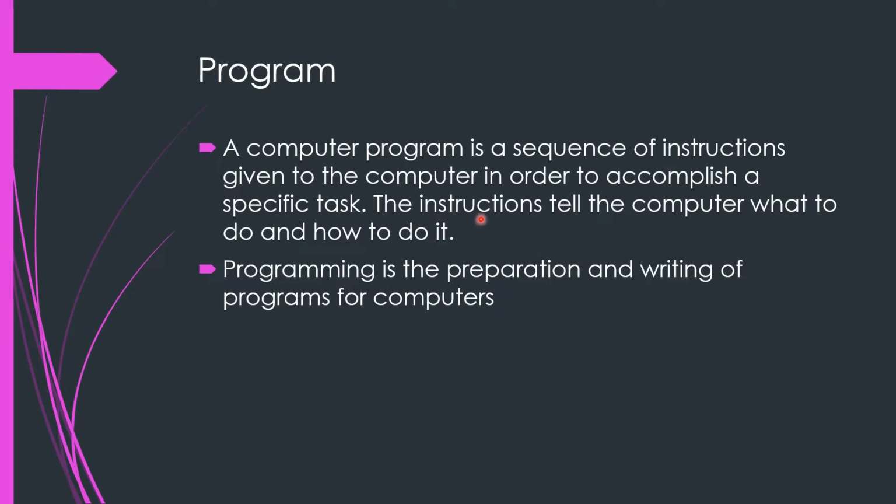This is the work of instructions. Programming is the preparation and writing of programs for computer. So whenever we are preparing and writing programs for computer, this process is known as programming. And here in this chapter, we are doing Java programming.